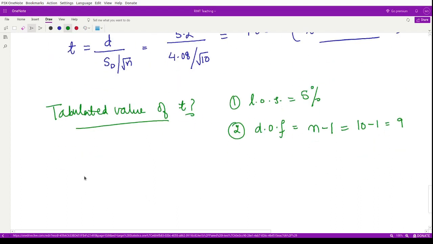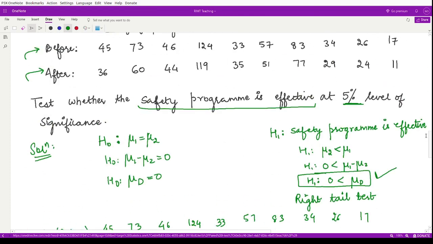So we wanted the value of t for 9 degrees of freedom at 5% level of significance. So it would be 1 minus 0.05, so it would be t9, 0.95. So let's have a look at the table. What is the value?